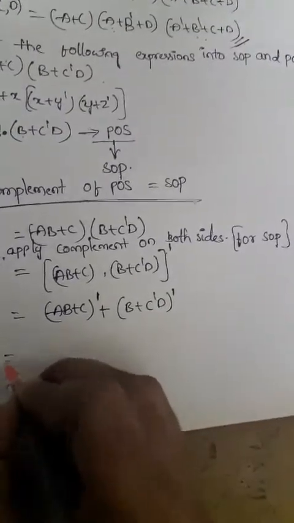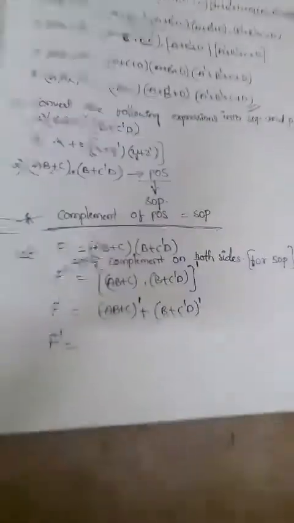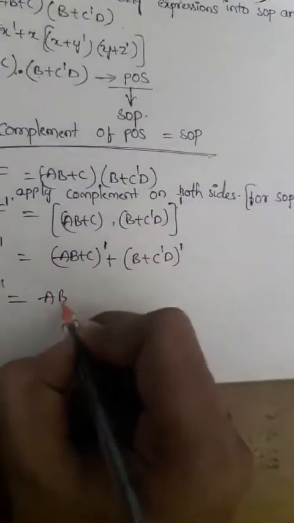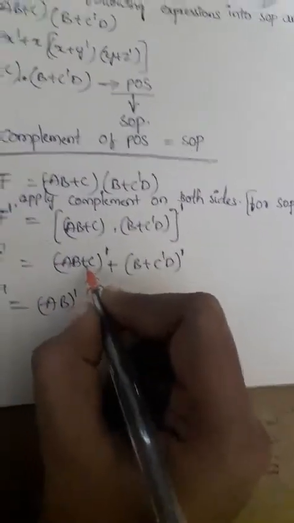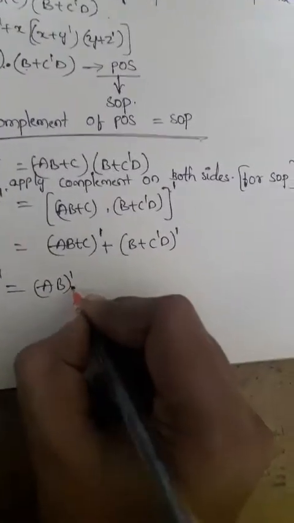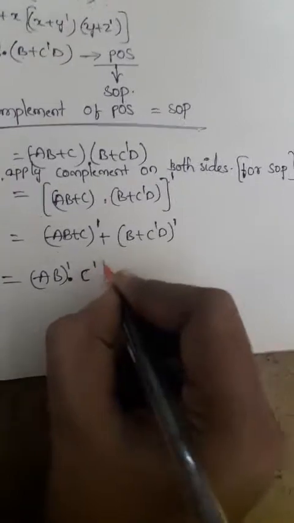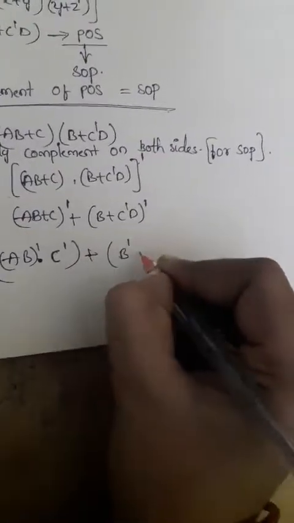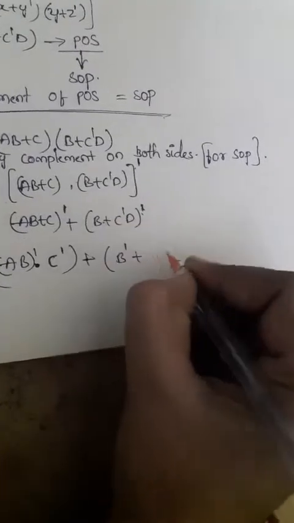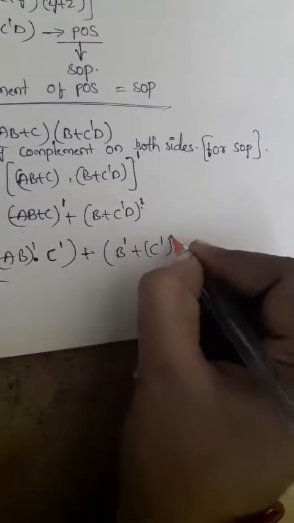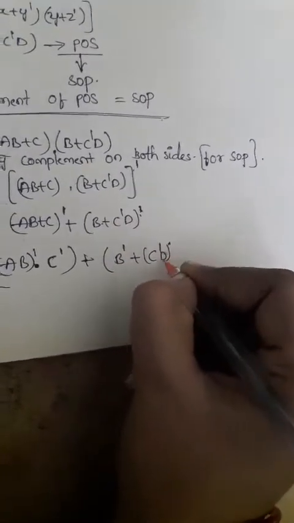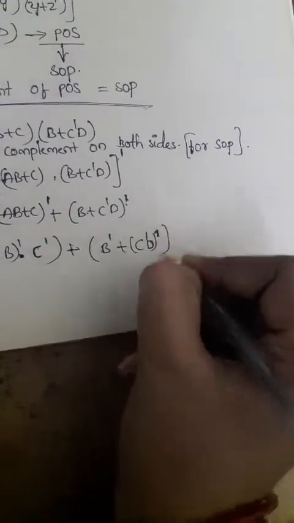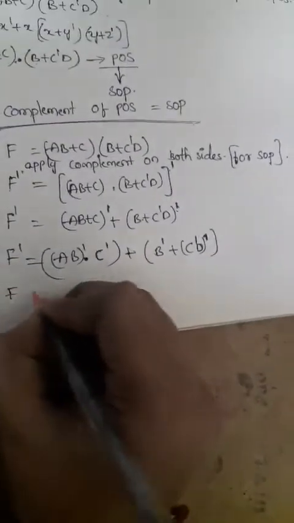So the next, F complement is equal to, again this is applicable for each and every variable, right? So (AB) complement, and here the sum will be converted into the product, so C complement. And here also apply the complement, B complement plus, each and every variable it is applicable, so (C complement D) whole complement. Now again simplify this.